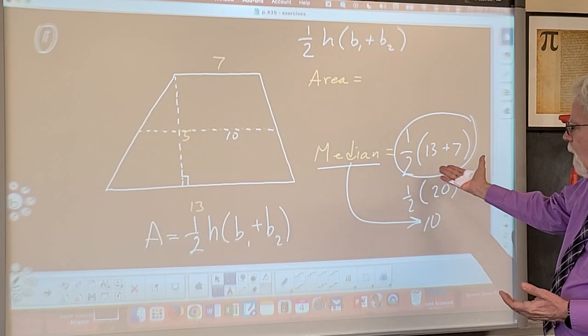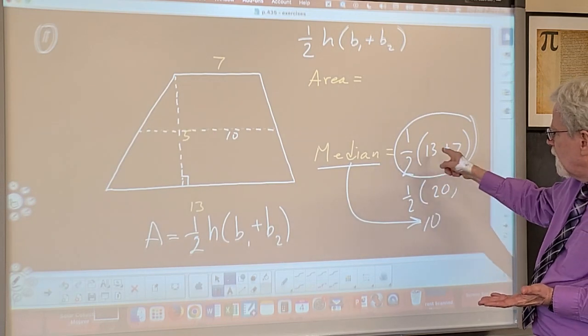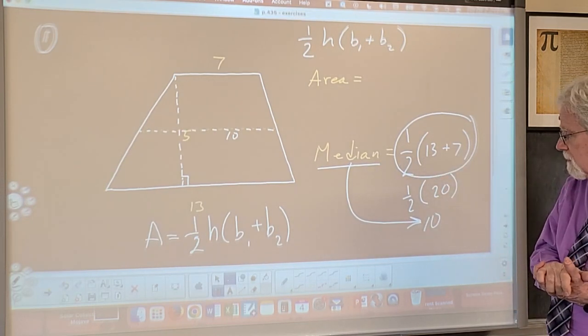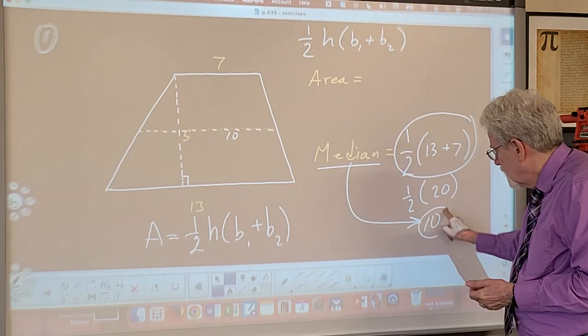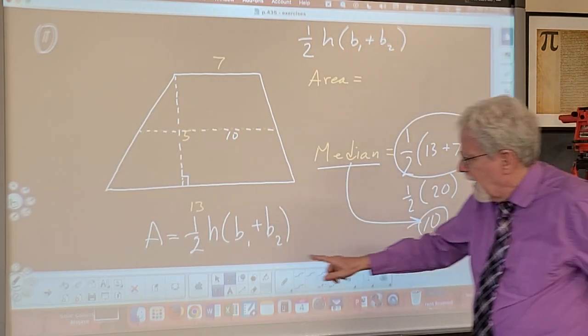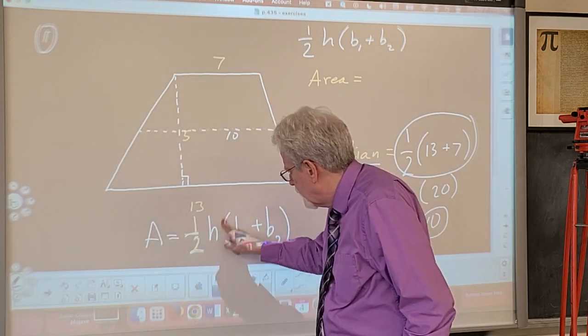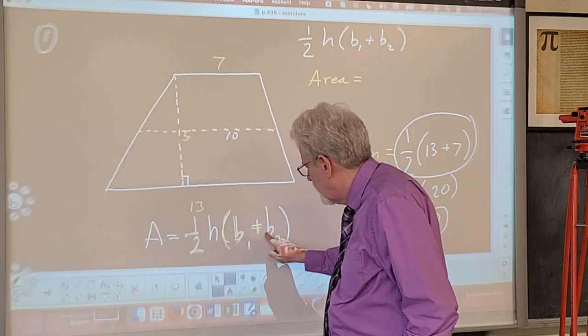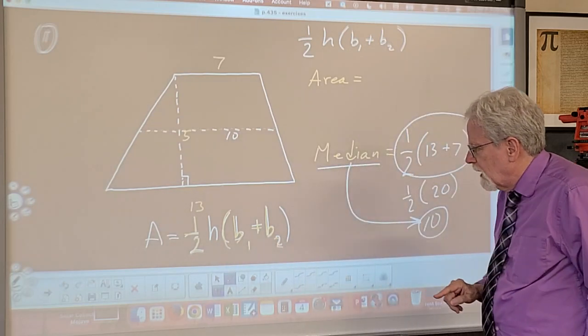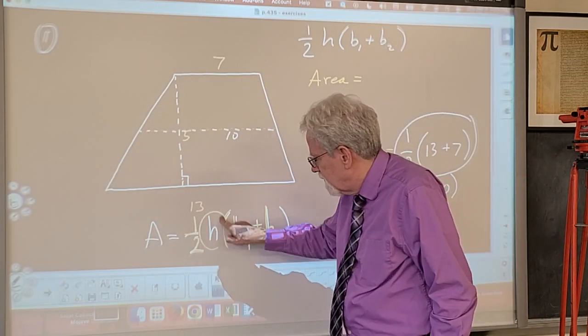Well, look at this. We already have 1/2 times B1 plus B2. It turned out to be 10. All we have to do now is multiply by the height.